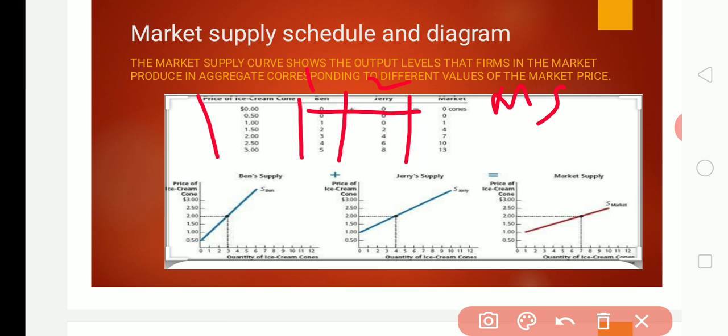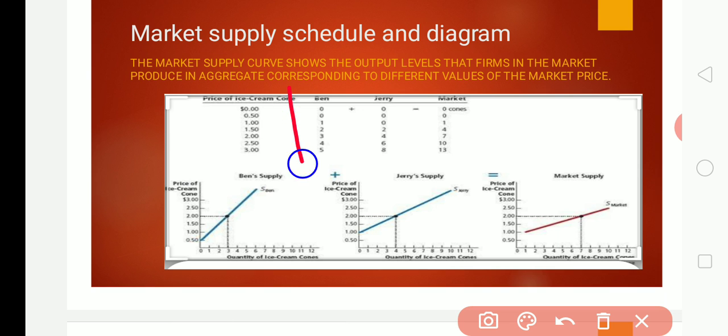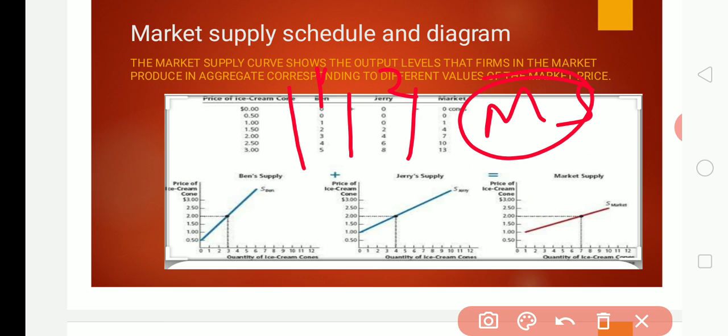Here 0 plus 0 is 0, 0 plus 0 is again 0, 1 plus 0 is 1, 2 plus 2 is 4, 3 plus 4 is 7, 4 plus 6 is 10, 5 plus 8 is 13. So you simply add firm 1 and firm 2, and you get the market supply. This is how to calculate the market supply.